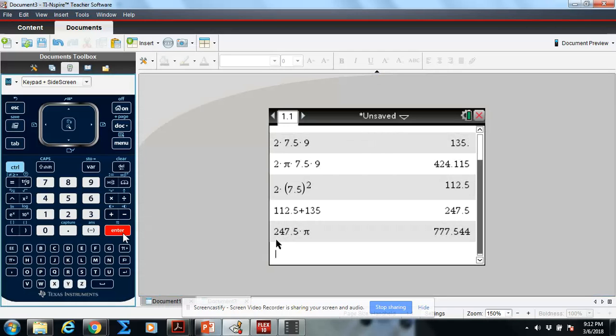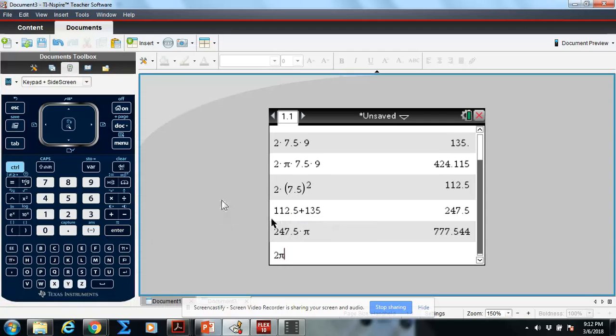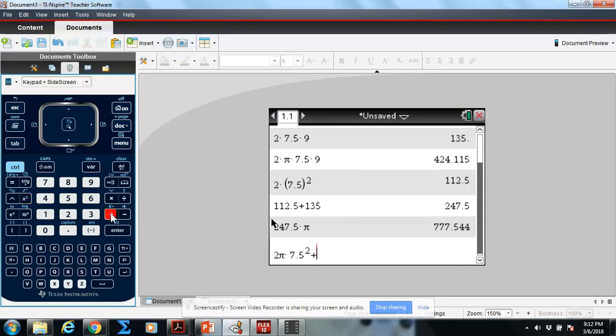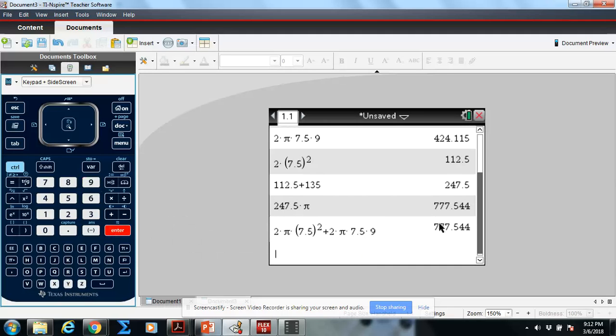Okay. If I type the entire surface area formula in, it'd be 2 times pi times 7.5 squared plus 2 times pi times 7.5 times 9. Okay, so that's the entire formula straight off the formula sheet, and I'm getting the same thing. So use your judgment there.